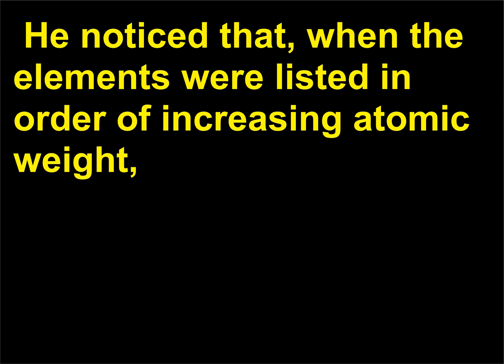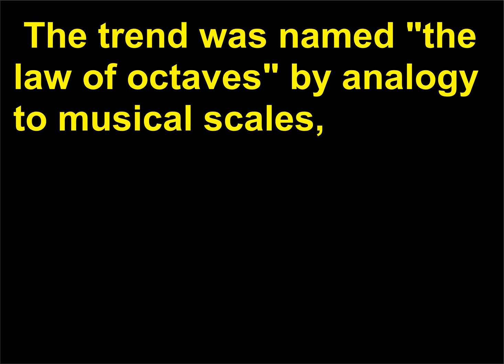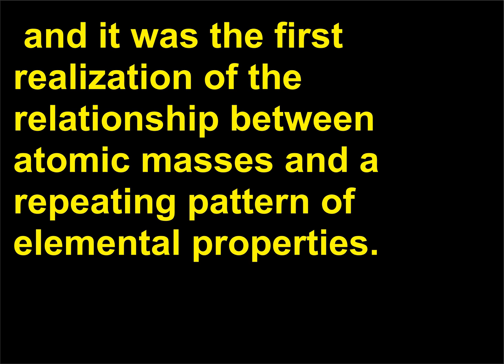He noticed that, when the elements were listed in order of increasing atomic weight, elements with similar properties occurred every 8 elements. The trend was named the law of octaves by analogy to musical scales, and it was the first realization of the relationship between atomic masses and a repeating pattern of elemental properties.